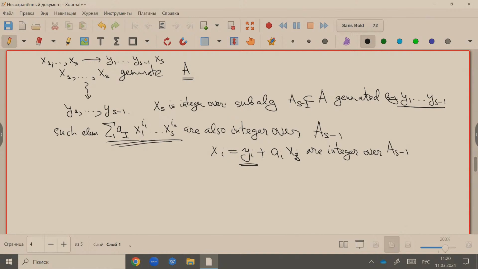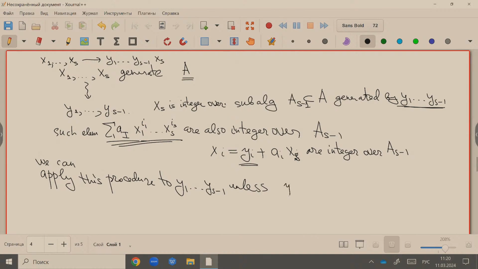So we have a sequence of algebras constructed this way. Again, we can apply this procedure to y1, ..., ys minus 1, unless they are algebraically independent.